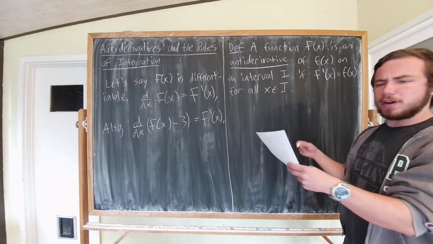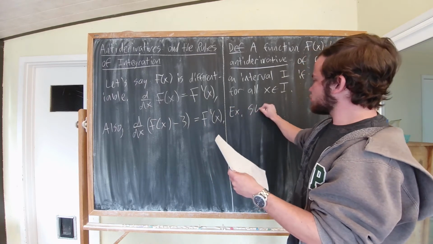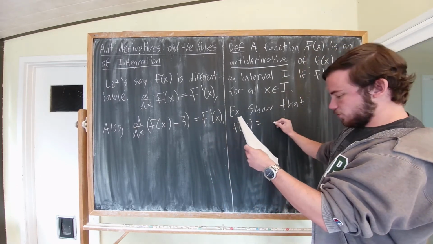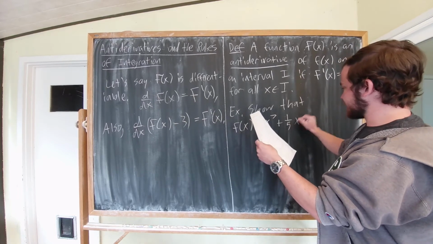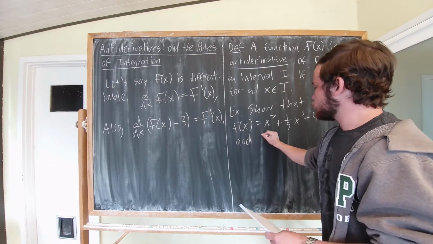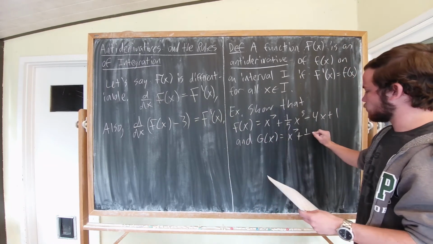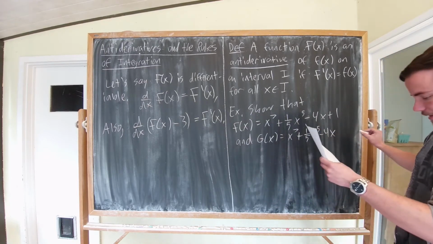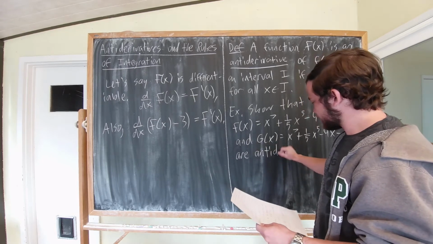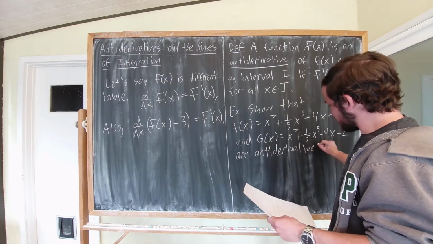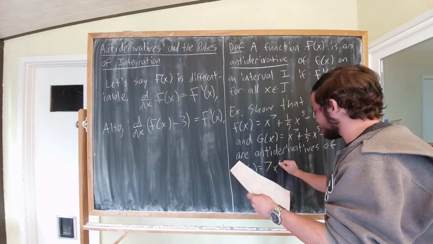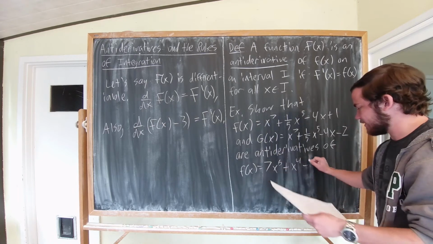Alright, so let's do an example. Let's show that capital F of x equal to x to the 7th plus 1/5 x to the 5th minus 4x plus 1 and g of x equal to x to the 7th plus 1/5 x to the 5th minus 4x minus 2 are antiderivatives of little f of x equal to 7x to the 6th plus x to the 4th minus 4.